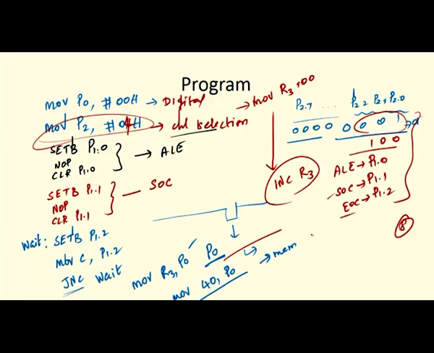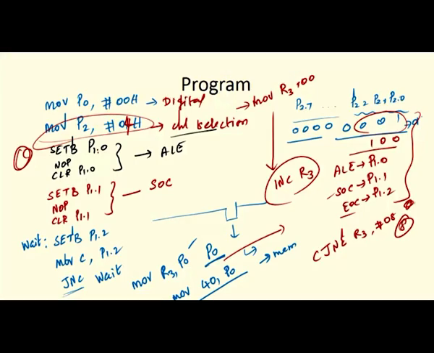After storing, you can give compare and jump if not equal, R3 comma 08, right. Then you have to repeat the process till then. So, in this way, the same program, by inserting a counter, can read all the channel values.